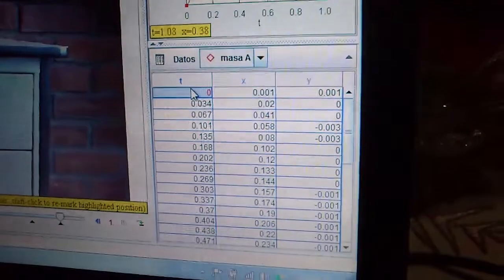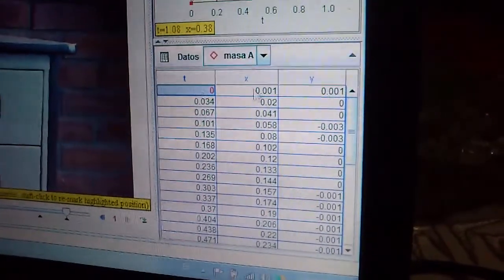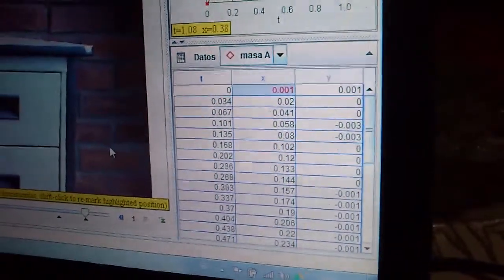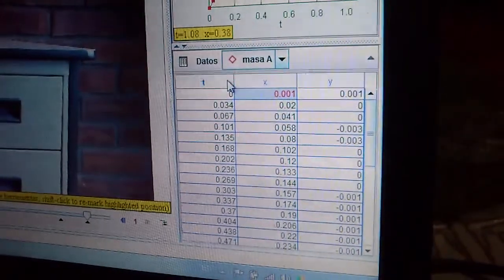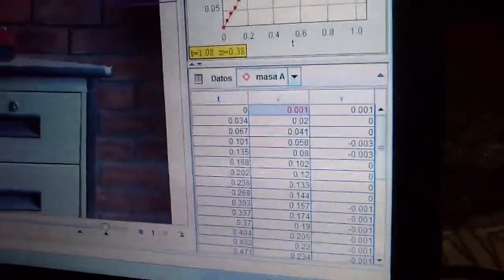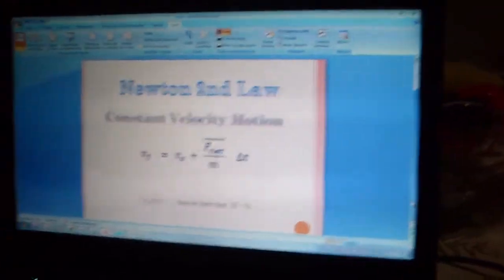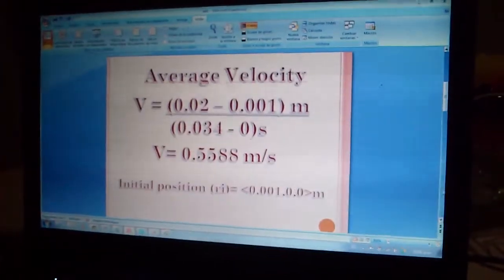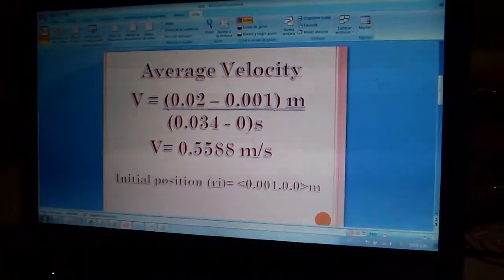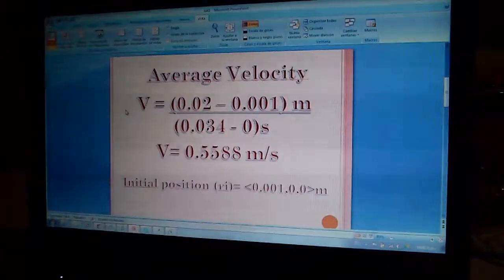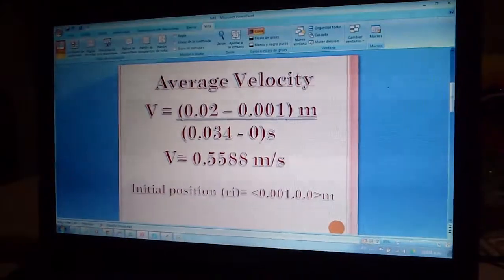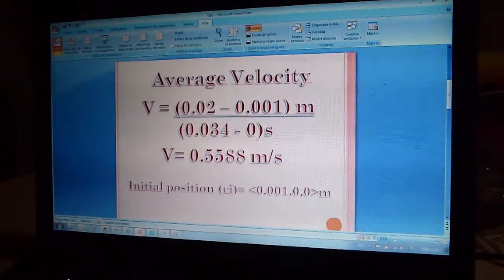We begin with the initial position x equals 0.001 meters at time t equals 0 seconds. From this data we have to find the initial velocity of the train. We can obtain that by dividing the displacement of the train by the time interval, which I take from 0 to 0.034 seconds.